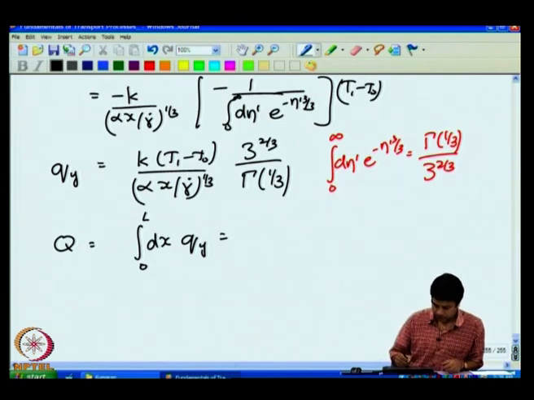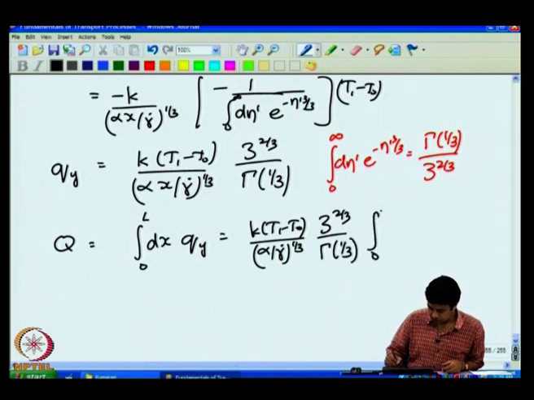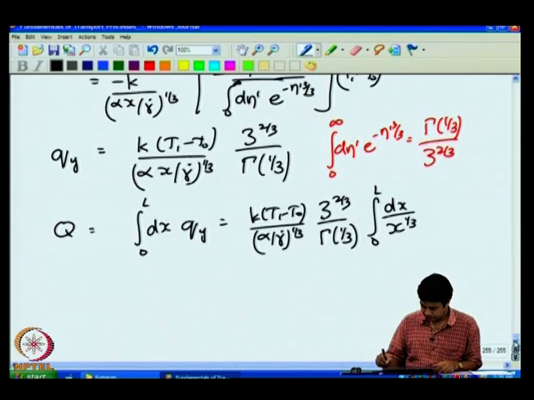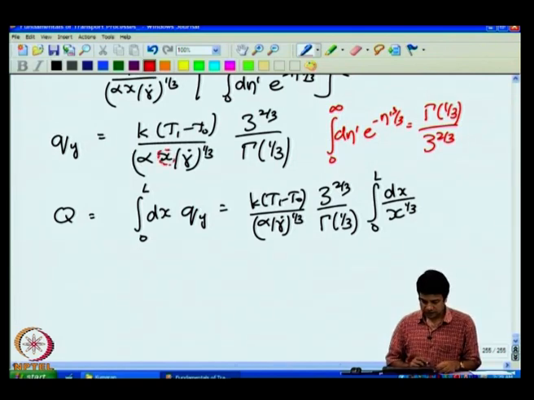This is equal to k into (T1 minus T0) times the integral from 0 to L of dx by x to the power 1/3, because I have this dependence on x in the equation for the heat flux.